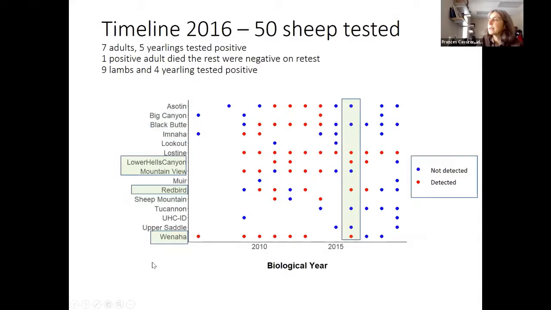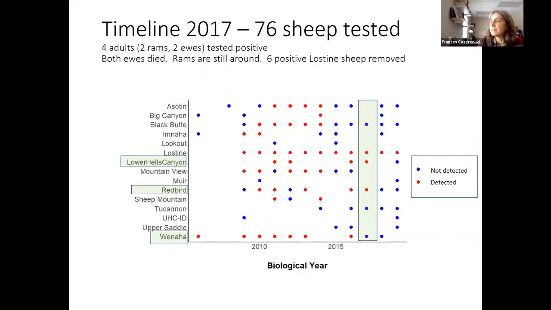And then in 2016, we went into some other populations. We did some retesting and went to some other populations, and we found 12 sheep that were positive. One positive adult died, and the rest were negative on retest.